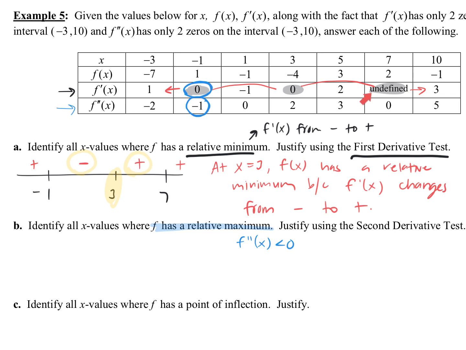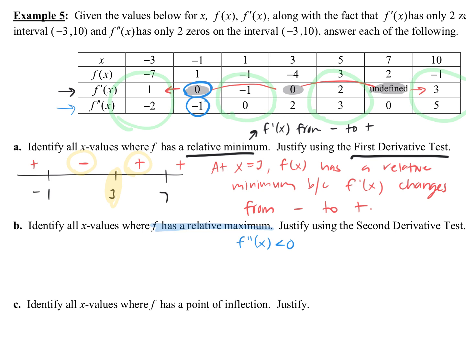The second condition says, okay, well, now that I know the first derivative is 0 or undefined, we're looking at when the second derivative on those intervals is less than 0. Well, it's less than 0 over on the left-hand side of -1, right? Does that make sense? Let me color code this. We got the left side of -1, in between -1 and 3, in between 3 and 7, and to the right of 7, right?